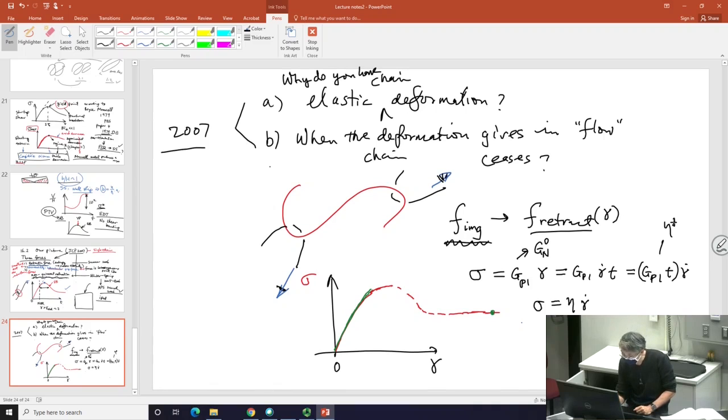Similarly, I can multiply a tau divided by a tau and start to talk about this as modulus and this as Wi. Or if you don't like Wi, basically this is like a certain amount of strain.